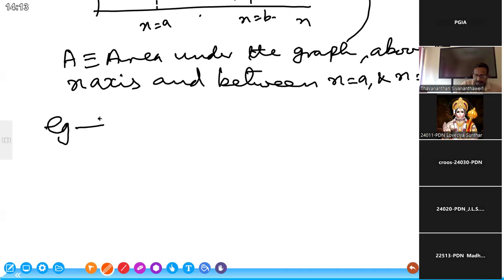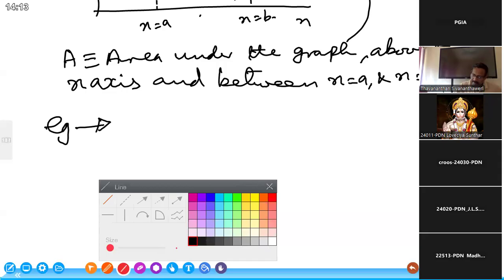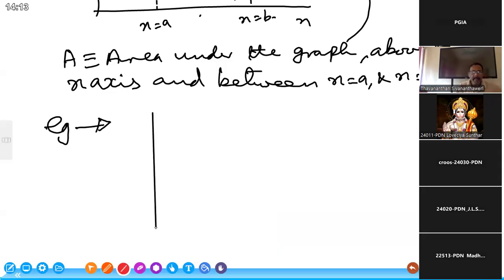Example. I will take a very simple, easy function.